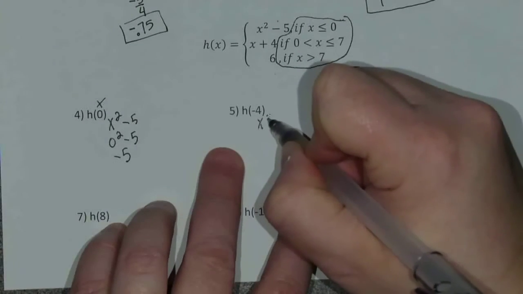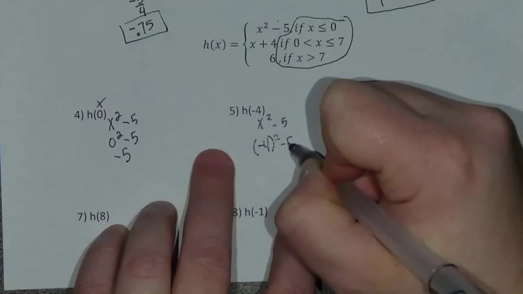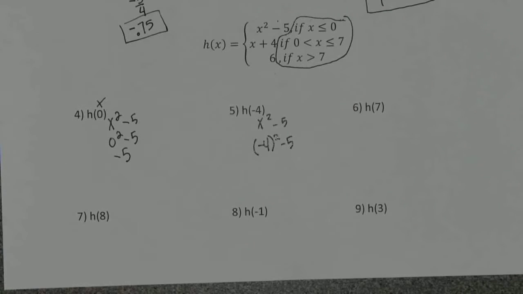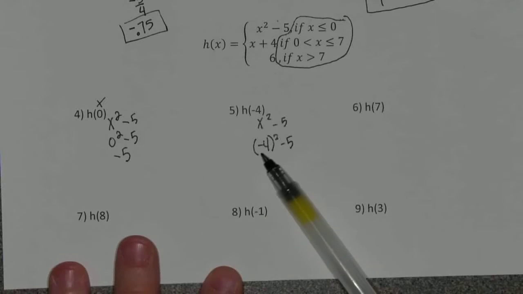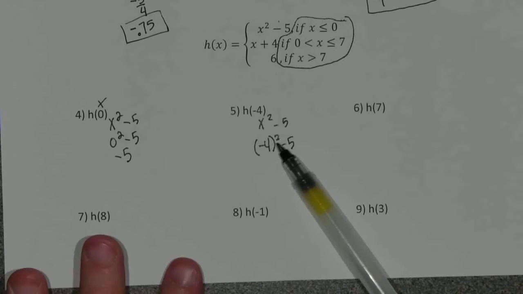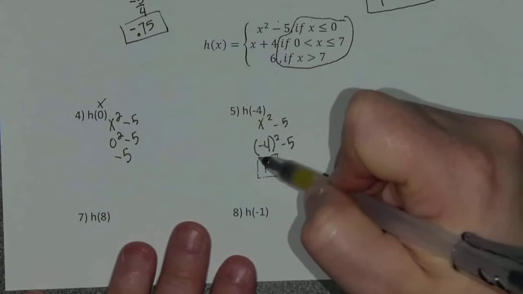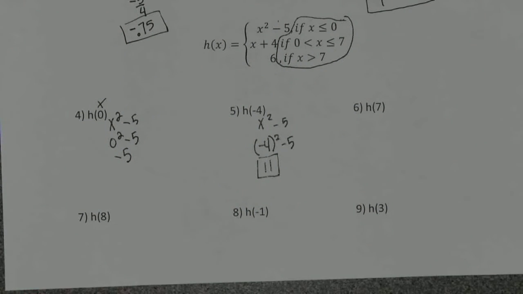So I'm going to use x squared minus 5, but instead of x, I'm going to put in -4. So I have -4 squared minus 5, and I'm just going to find that value. So -4 squared is going to be a positive 16, right? Remember, you have to put that in parentheses in your calculator so that you get the positive number. So negative times a negative makes a positive. Positive 16 minus 5, which is 11. Good. Okay, questions on how I did that?